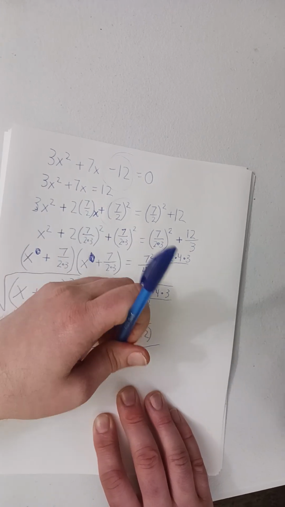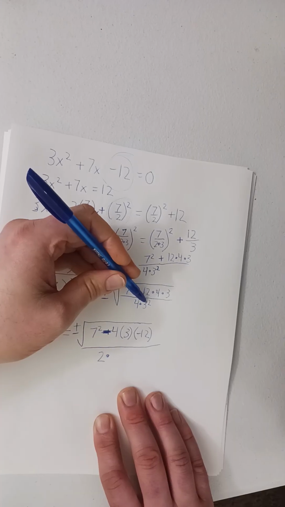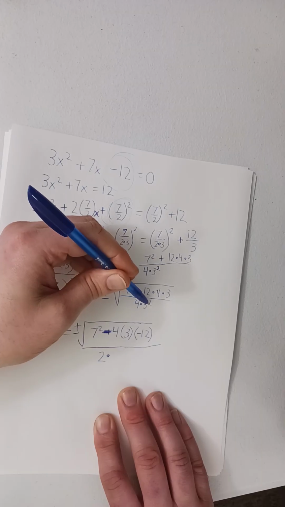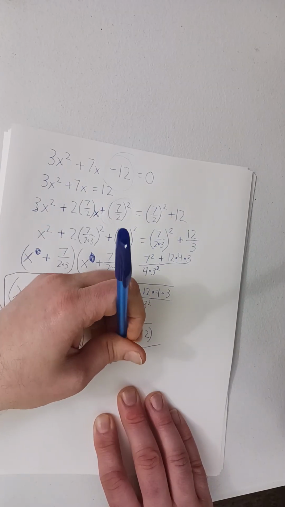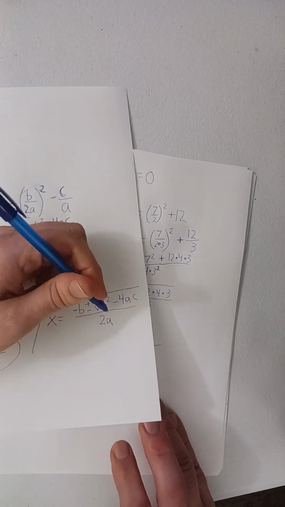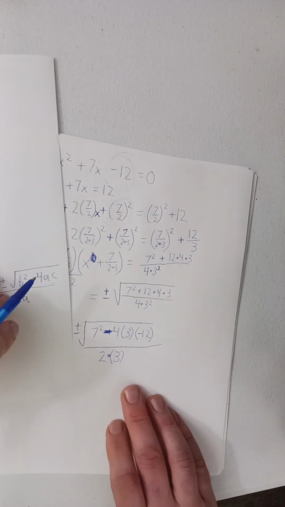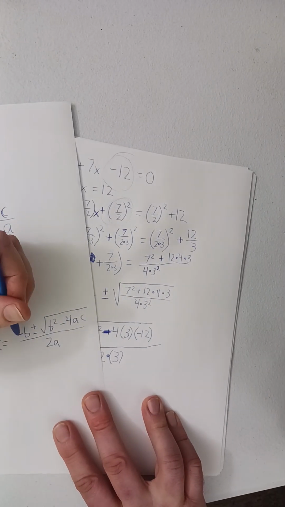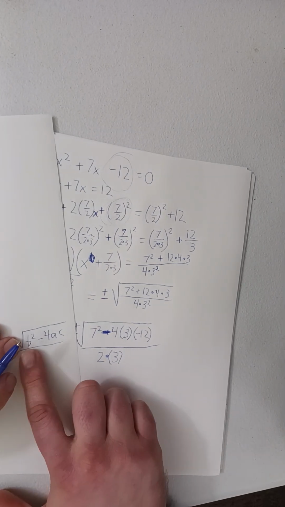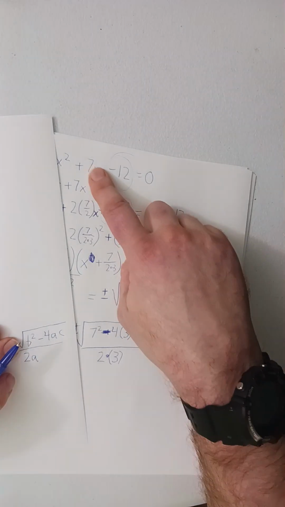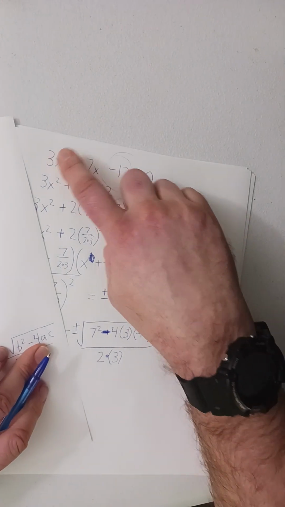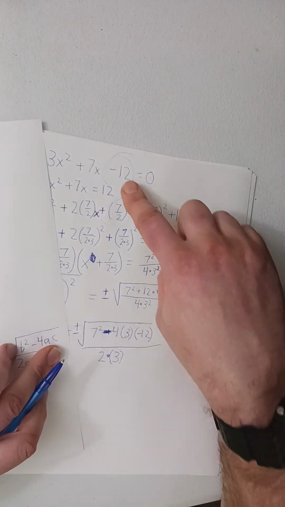So we can have 2 times just 3, because this was 3 squared, but now it's a square root. We took the square root of 4, and we're going to take the square root of 3 squared, which is 3. So times 3. 3 is A up here. And remember that in the quadratic formula, it's 2 times A. That's 2 times 3. The negative B is going to be negative whatever this is. So we're going to have, well, we're not there yet. Sorry. We're just looking at this part right now, though. So B squared, 7. That's 7 squared minus 4 times A, which is this, times C, which is negative 12.